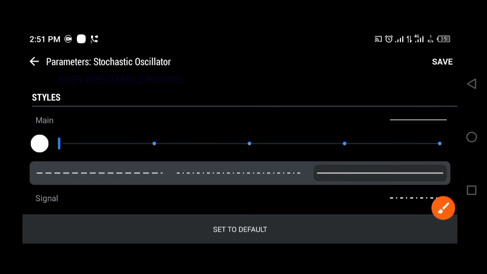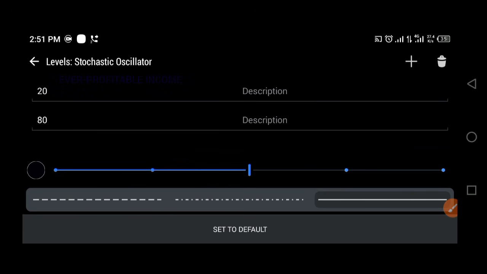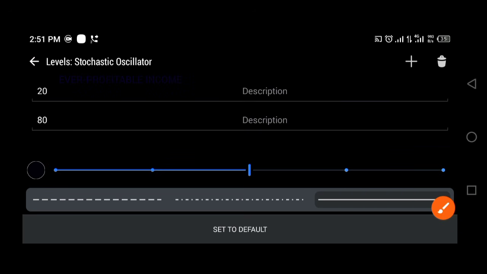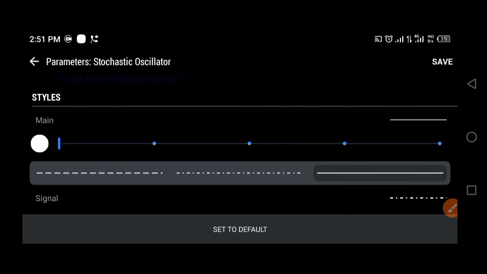The only ones that should have color is the level. Let me click on the level here. So the level should have some color, so you'll be able to identify it on your chart. So that's the setting of your stochastic oscillator, and after that you click on save.